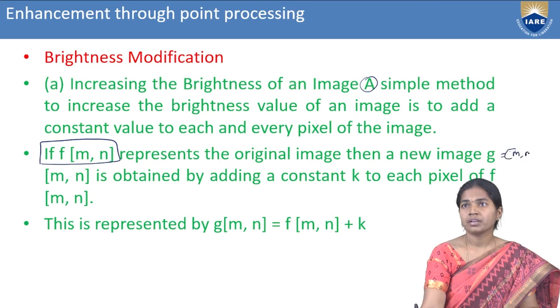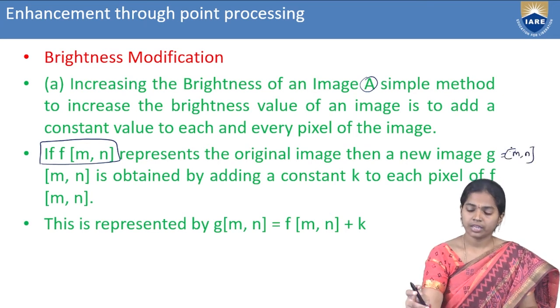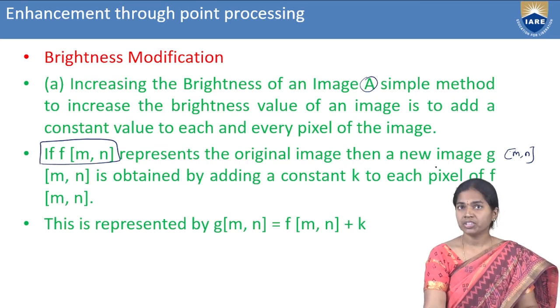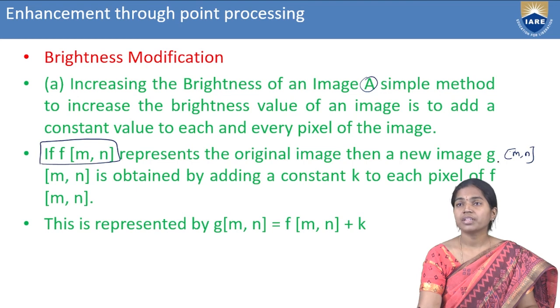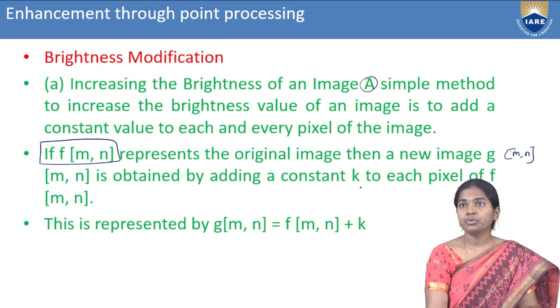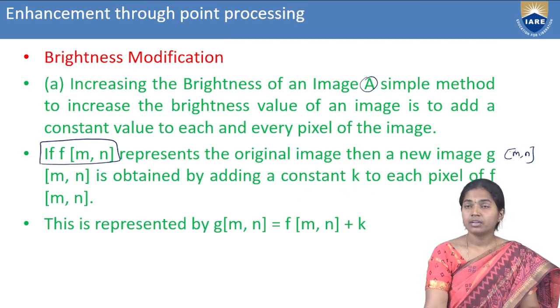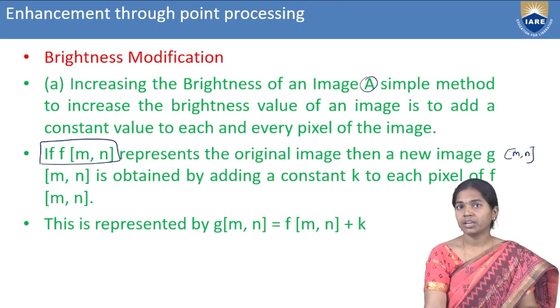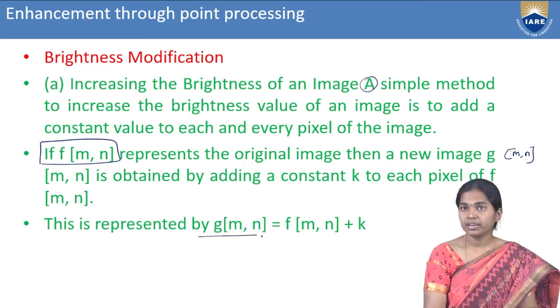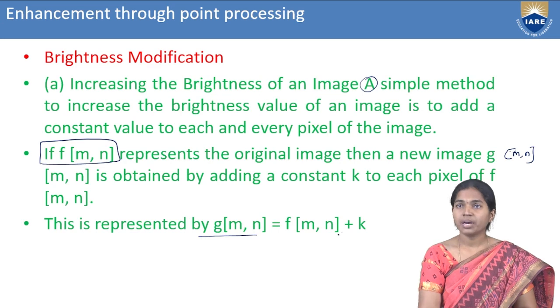If f of m comma n represents the original image, the new resultant image, which we represent with g of m comma n, is obtained by adding a constant value, that is k, to each pixel of the input image, that is f of m comma n. So the output image is g of m comma n equals f of m comma n plus k.